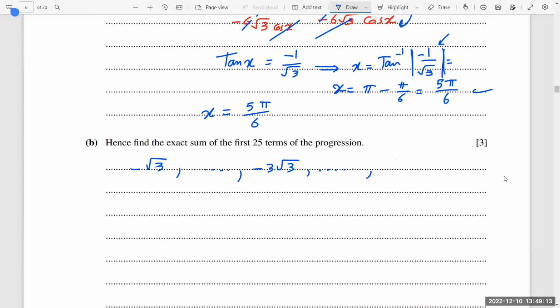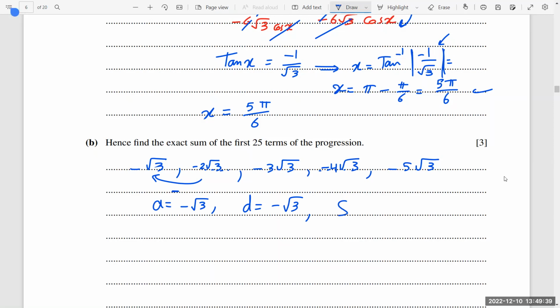Fourth term, this is negative 4 radical 3. So by logic, you can continue writing negative 5 radical 3. I mean, the first term of this sequence is negative radical 3, and the common difference is also negative radical 3, by just subtracting first term from second term, like this.